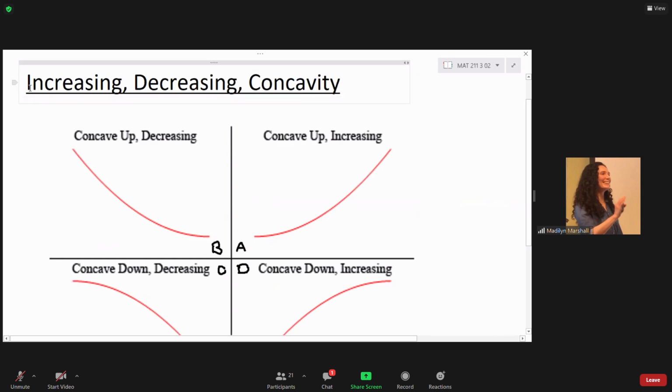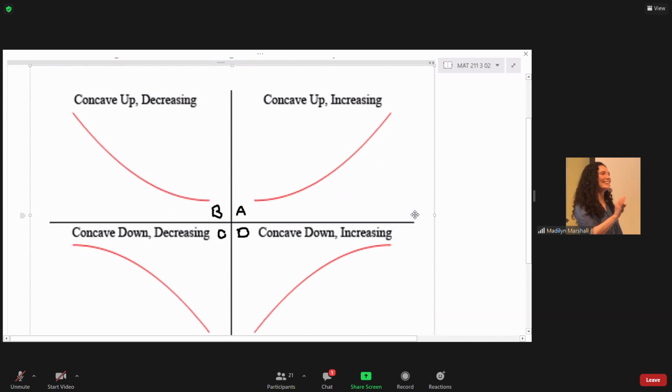So this is the relationship between a function being increasing or decreasing and its concavity. I labeled these A, B, C, and D because I'm going to put up a poll in just a minute to ask some questions about A and then B, C, and D as well.